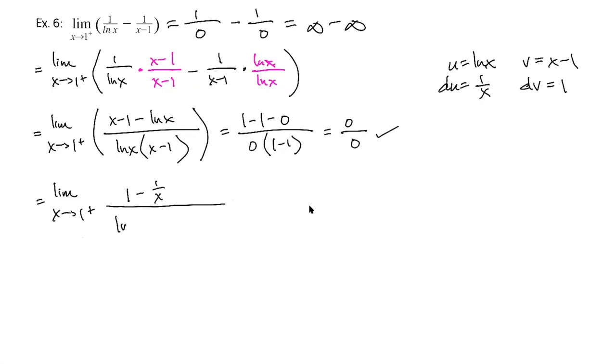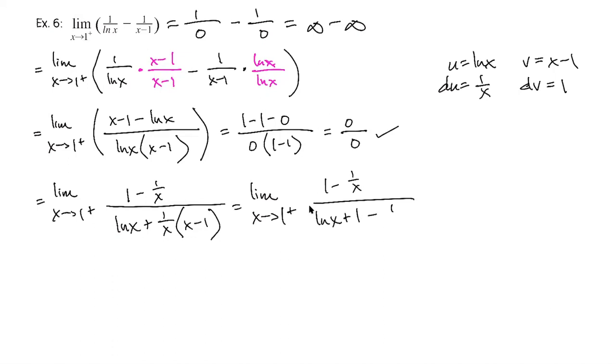So u dv plus v du. And let's clean that up. And we get natural log x plus 1 minus 1 over x.